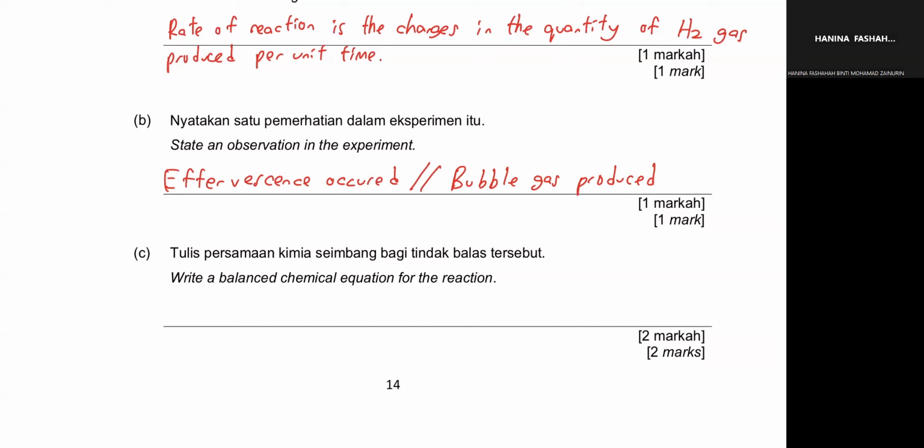Chemical equation is Zn plus HCl becomes ZnCl2 and hydrogen gas. Then if you notice, hydrochloric acid times 2.